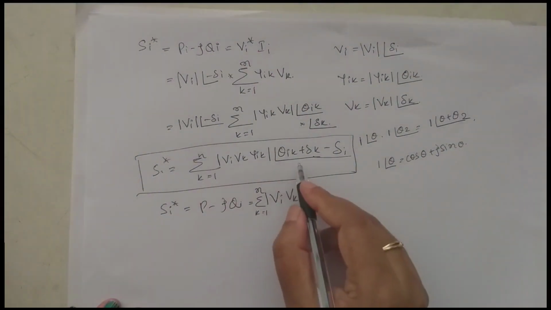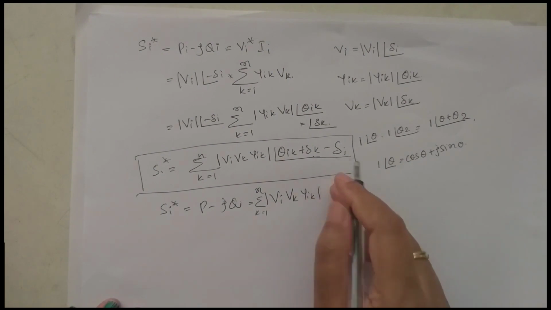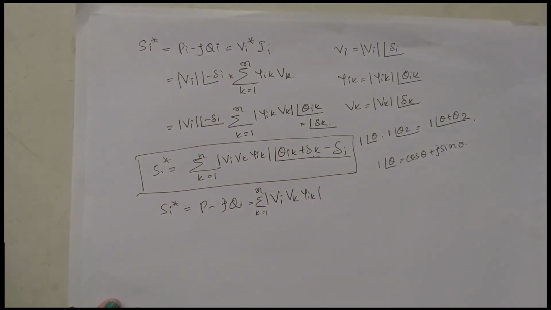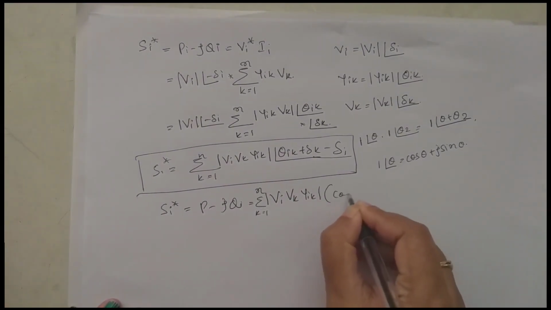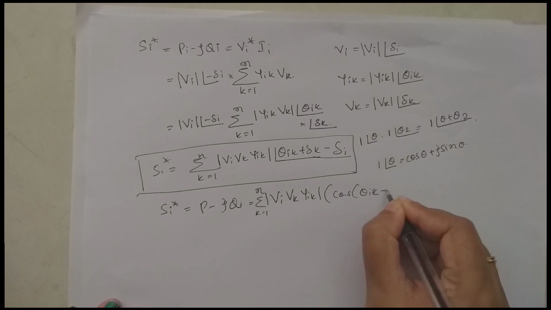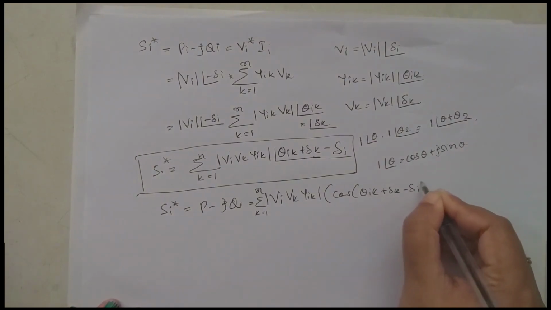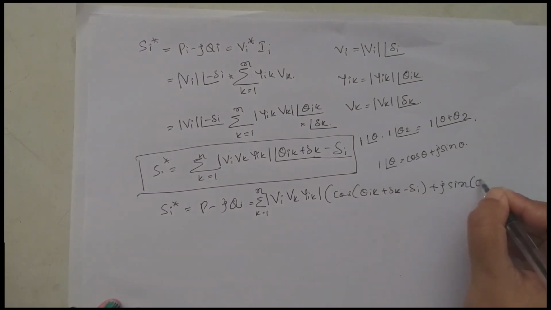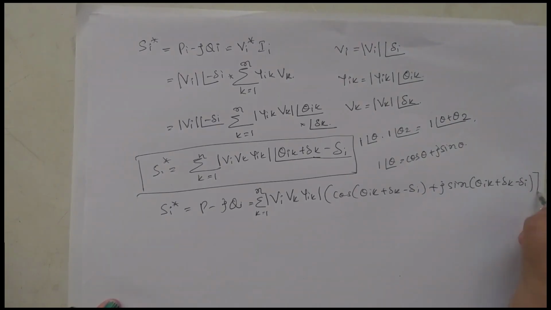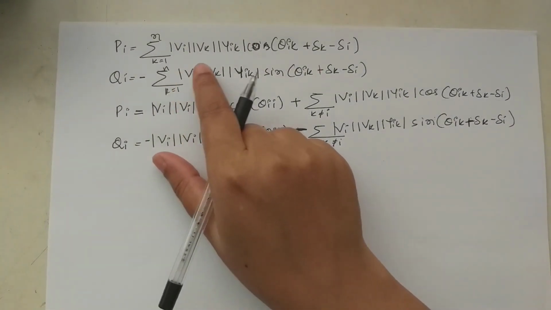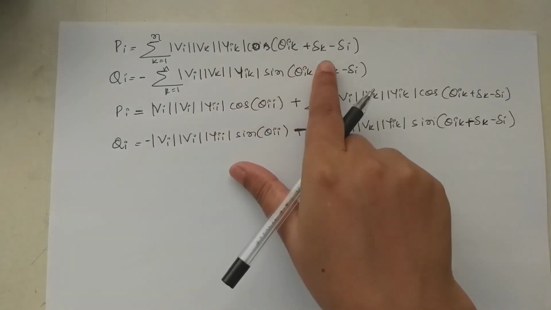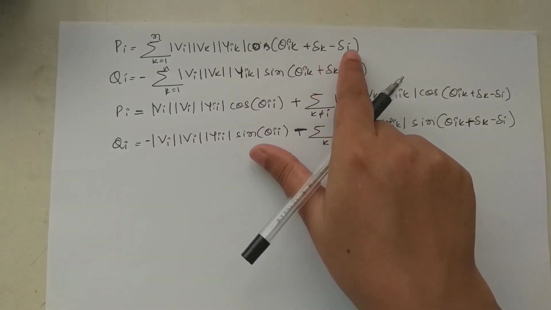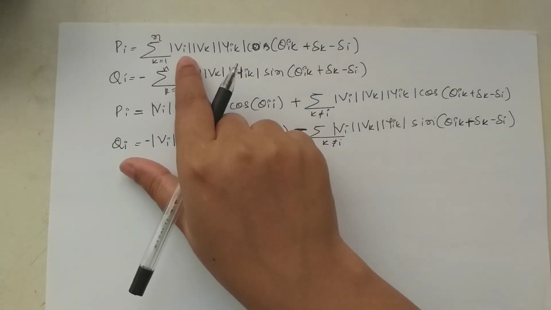So here, at an angle theta ik plus delta k minus delta i can be represented as cos of theta ik plus delta k minus delta i plus j sin of theta ik plus delta k minus delta i. Here Pi is equal to summation of Vi Vk Yik cos of theta ik plus delta k minus delta i. We can write the same formula like this by taking the ith term outside.